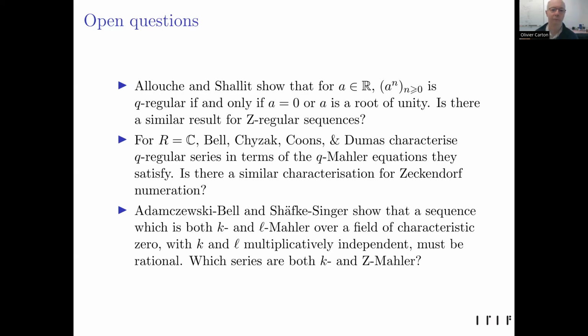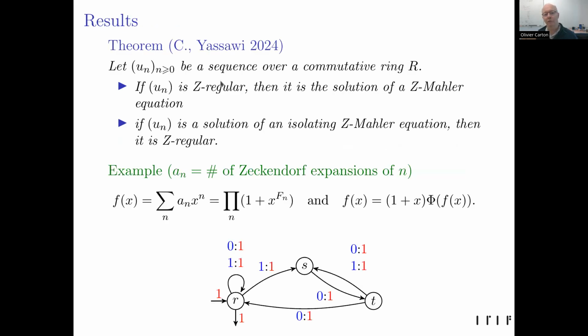Actually, this is interesting, just this characterization of such equations, because it is used more or less in the second result, because as we have seen, as in the case of Becker and Tuma, we have a gap between Z-regularity and being Z-Mahler, because here we only need being a solution, and here we need an equation which is isolating, and it's not always the case.